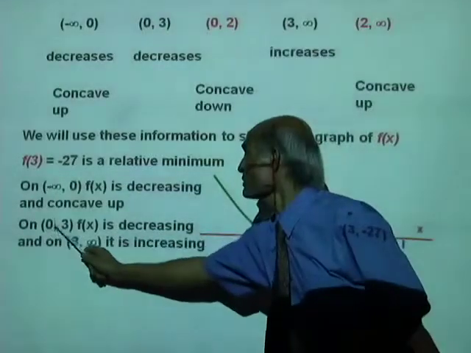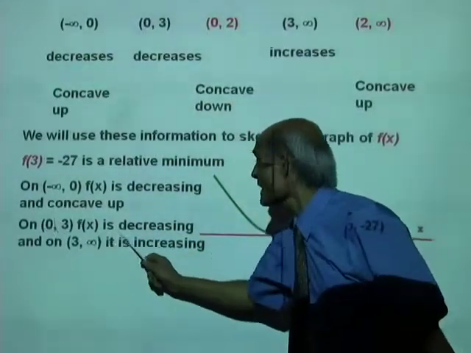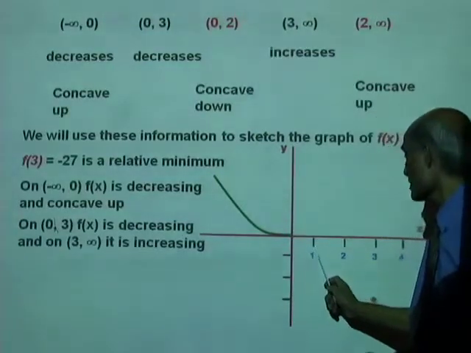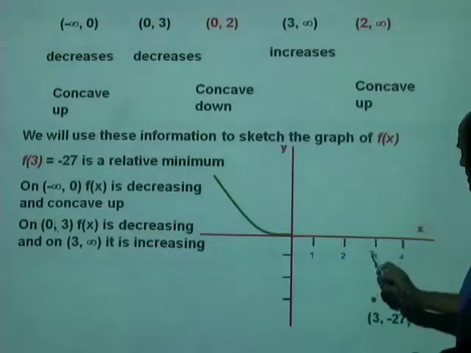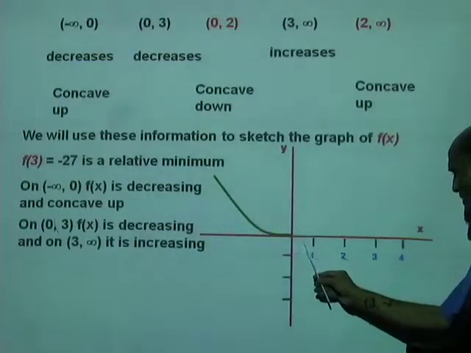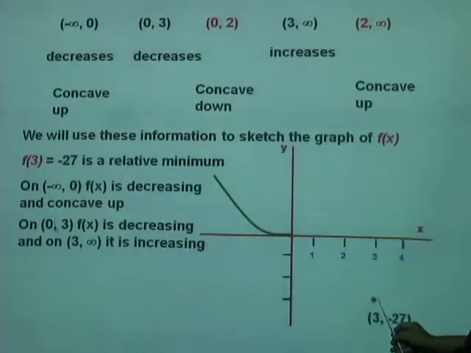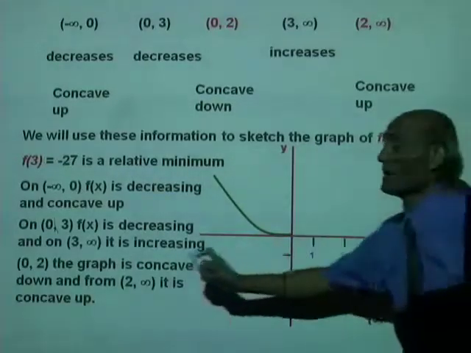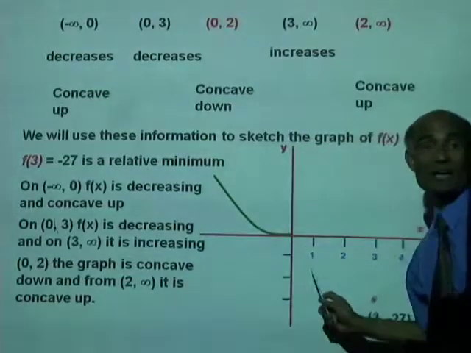So on 0 to 3 f of x is decreasing, and from 3 to infinity it is increasing. So from here to here you got a graph that is decreasing, and from here onwards you have a graph that is increasing. But on 0 to 2 the graph is concave down.